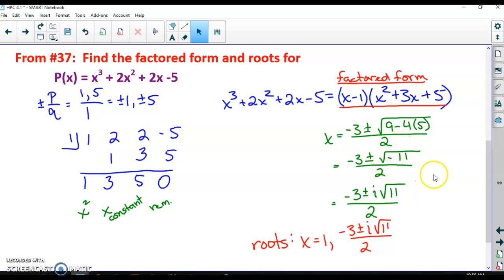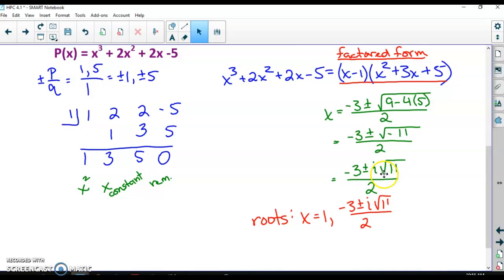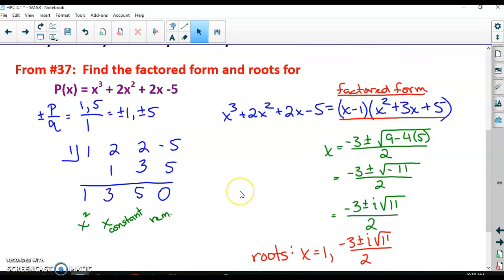We simplify, combine some like terms, and we find out the reason why we couldn't find those other solutions, they were imaginary. So this is a cubic function, it has 3 roots. One of them is real, and 2 of them are imaginary. Negative 3 plus or minus i root 11, all over 2. Okay. So that's kind of how this works.